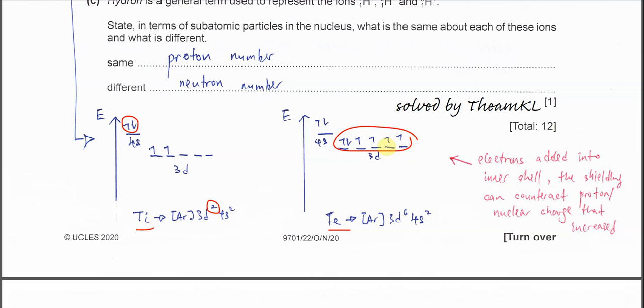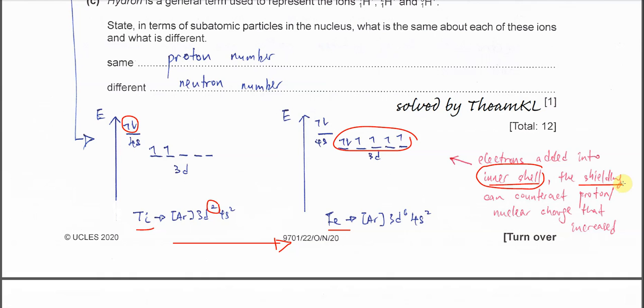And these 3d orbitals are actually the inner shell. So across this row, from scandium to copper, all the electrons are added into the 3d. When electrons add into the inner shell, it will give more shielding.